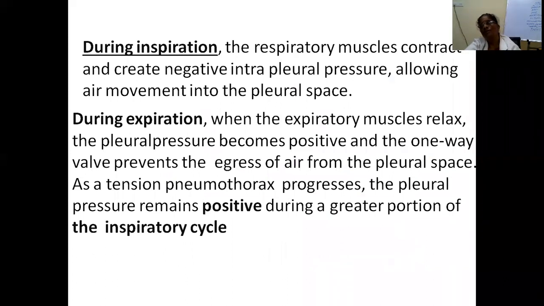During expiration, when expiratory muscles relax, pleural pressure becomes positive, and the one-way valve prevents the exit of air from the pleural space. As the tension increases, pleural pressure will be positive even during the inspiratory cycle. But the exit will not be there and the influx will persistently continue.